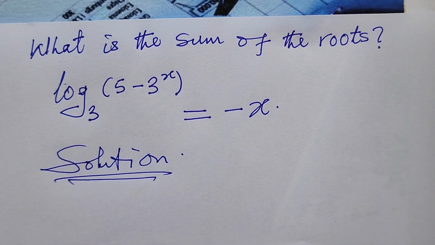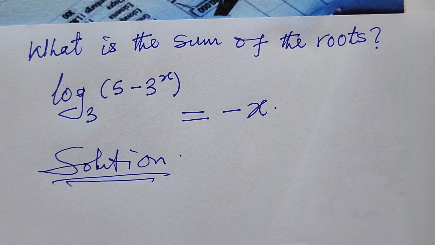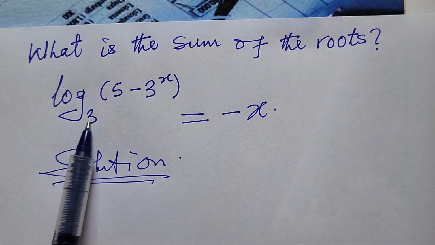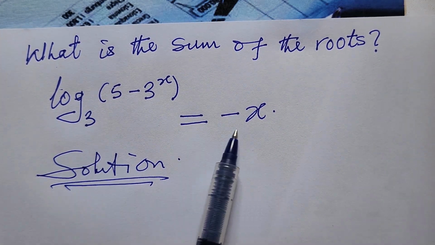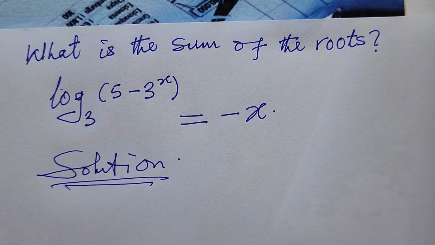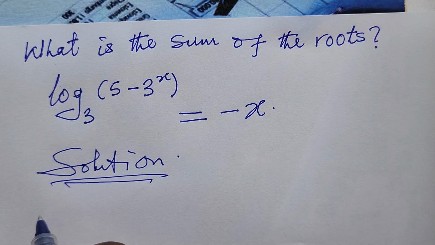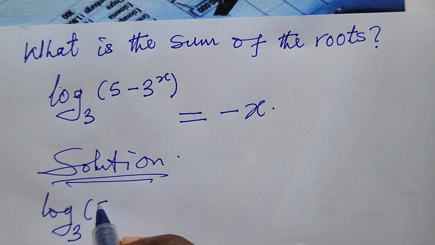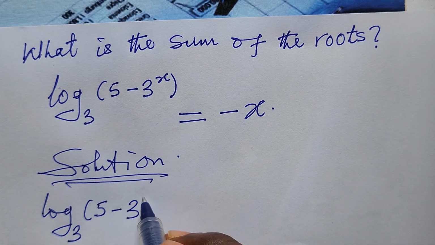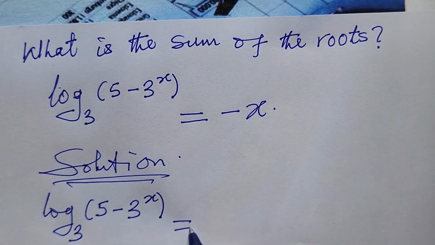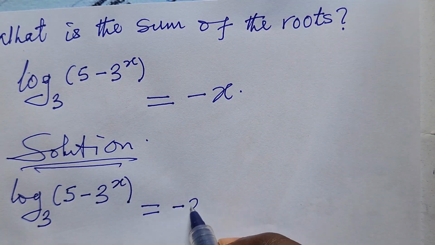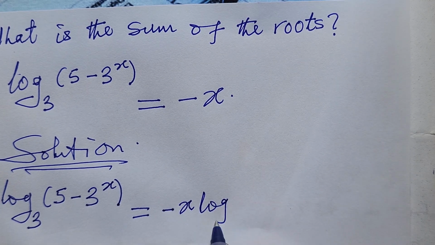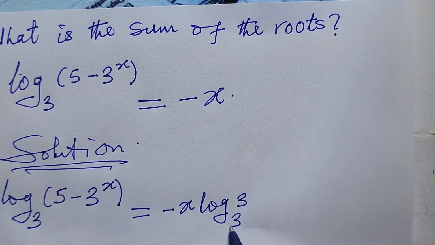Okay, so now from this question, we're going to look at the log we have here. This log is to base 3. And so I want to express the right-hand side of the equation also in log base 3. So this is going to give us log base 3 of (5 - 3^x) equal to -x times log 3 base 3.